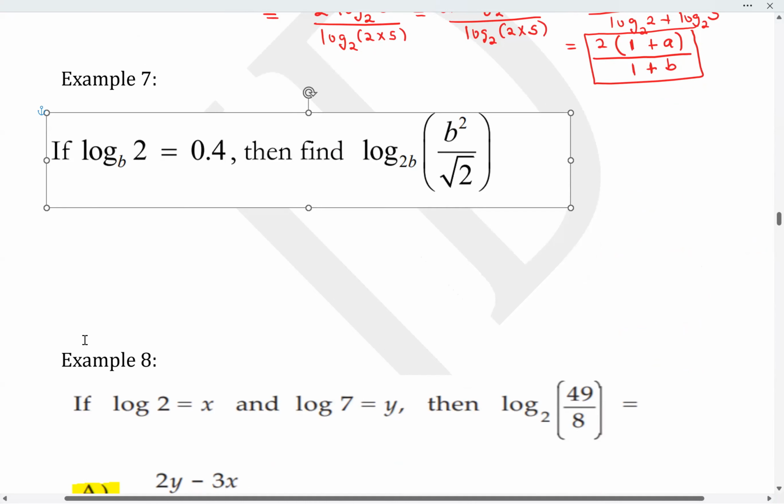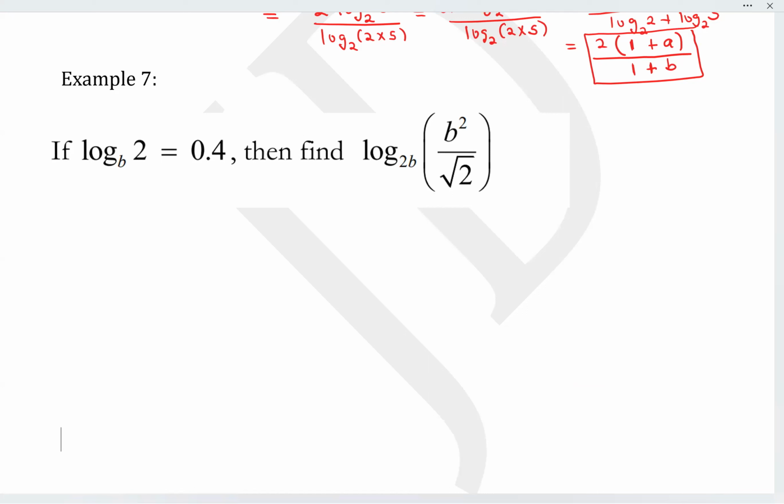So here, what do we have here? Log to base b of 2 is 0.4. So here we want to find, just look at it now. This is the log, this is the base we have. This is base 2b, but this is base b. So it means we need to move from 2b to b.